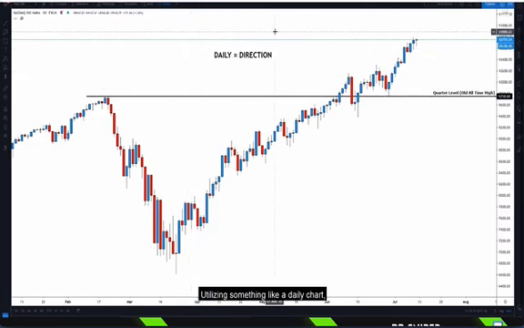Utilizing something like a daily chart, when it's condensing an entire trading day worth of information into a single candle, can be incredibly powerful when you are considering what is the direction that the market is likely heading in.